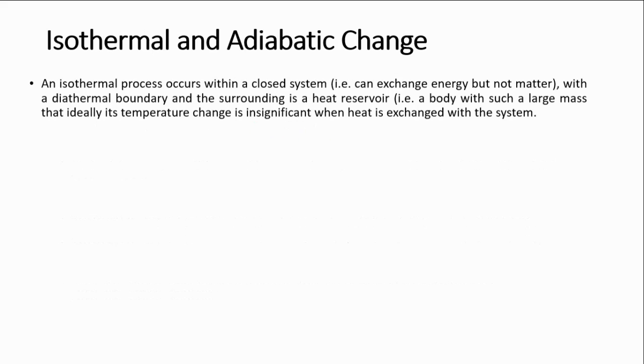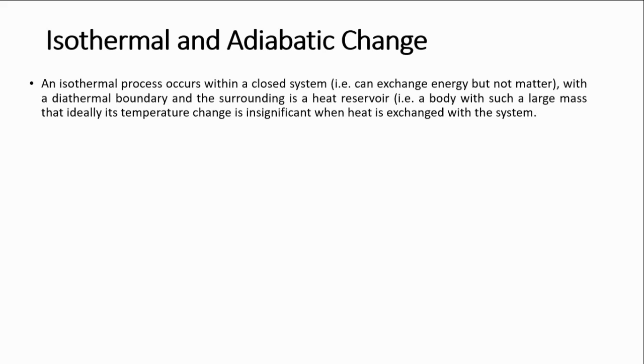Now, we want to get into talking about isothermal and adiabatic changes. Okay? And we'll take our time and drift into these. Now, an isothermal process, remember iso means the same. Thermal, once you hear thermal, you should be thinking about heat.